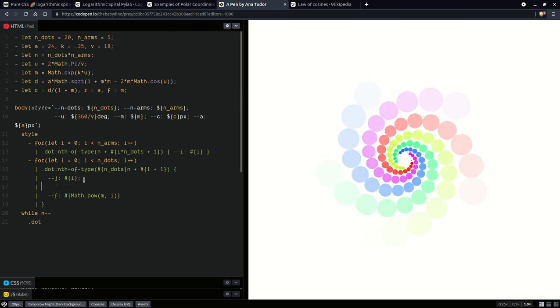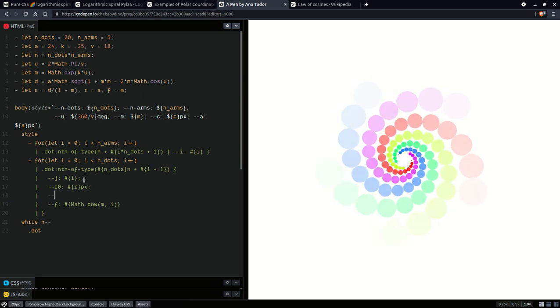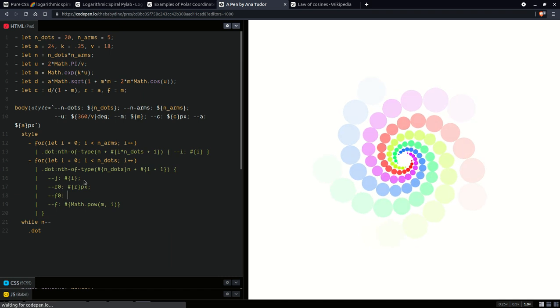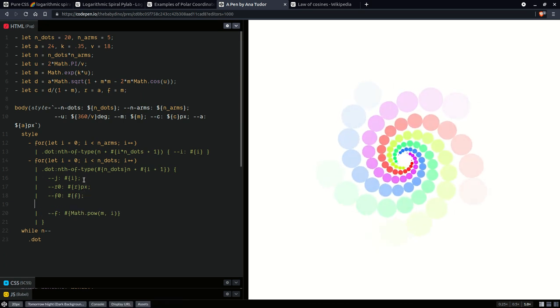We are going to set the first radius, the initial radius, r0, and this one is going to be the radius we already have, pixels, and rounding it. We are going to have the initial factor, f0, which is going to be f, right? And then we are going to have the final radius.